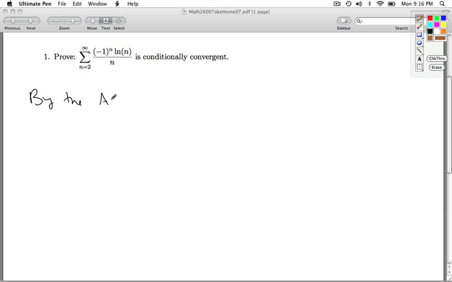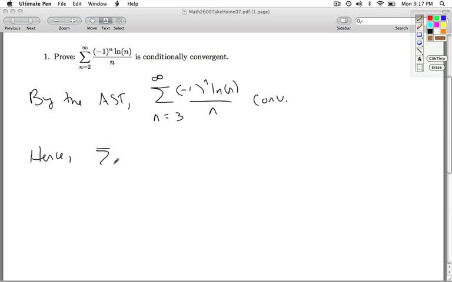which would then imply, by the alternating series test, the sum from n equals 3 to infinity of (-1)^n ln n over n converges. But since a finite number of terms does not affect the convergence or divergence of the series, the original series starting at 2 converges also.